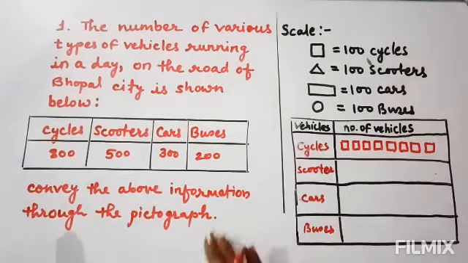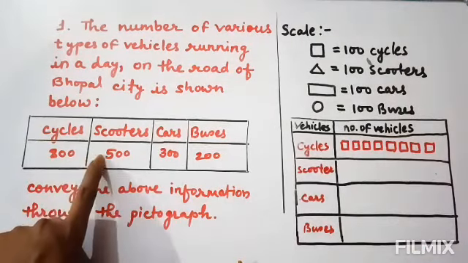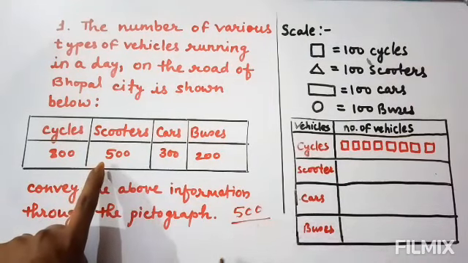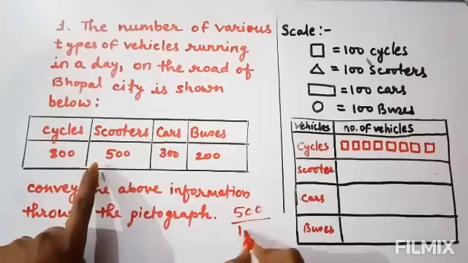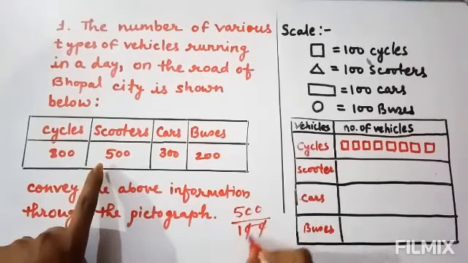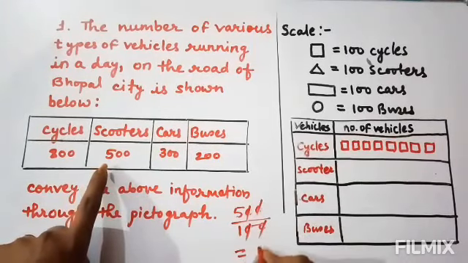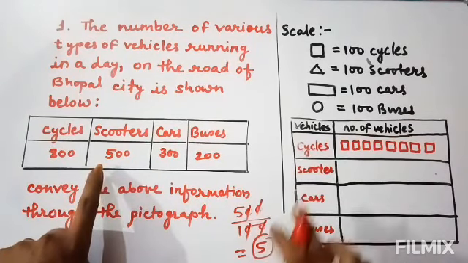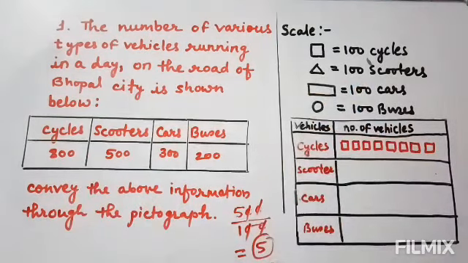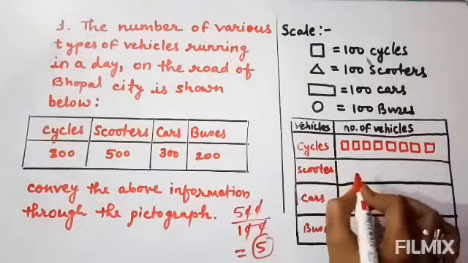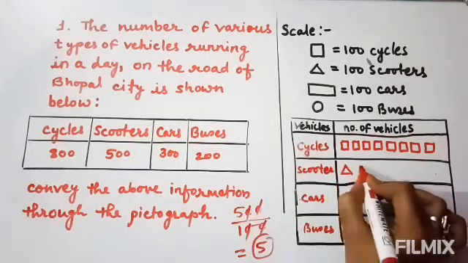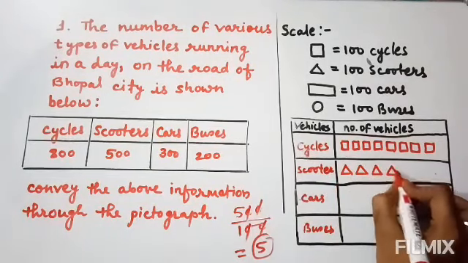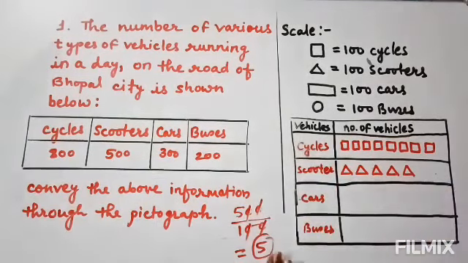Now do the next one, scooters. How many scooters are running in a day? 500. And what scale have we chosen? 100. Again 0 will divide by 0 and the answer is 5. It means we will draw 5 triangles to represent 500 scooters: 1, 2, 3, 4 and 5.